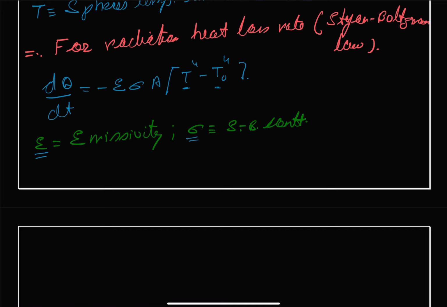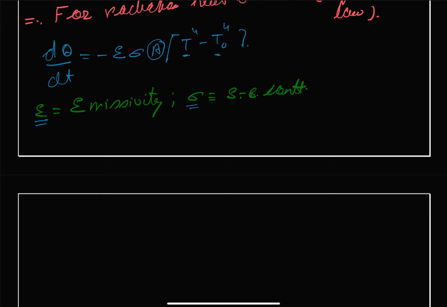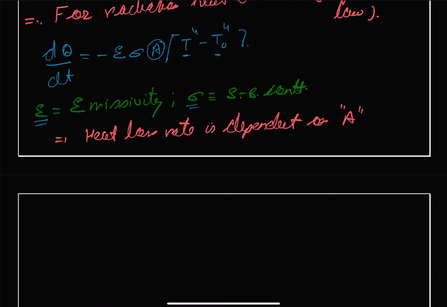It means this heat loss rate is dependent upon the surface area. So from here we can draw a conclusion that our heat loss rate is dependent on A, which is our surface area.